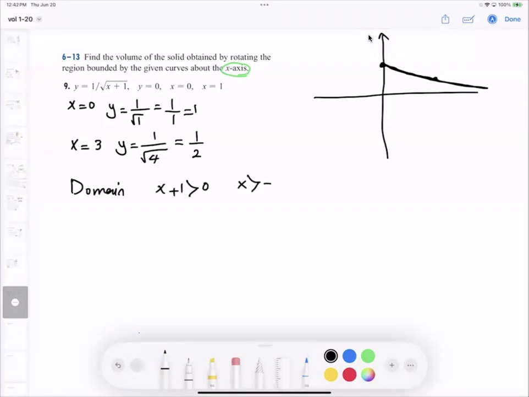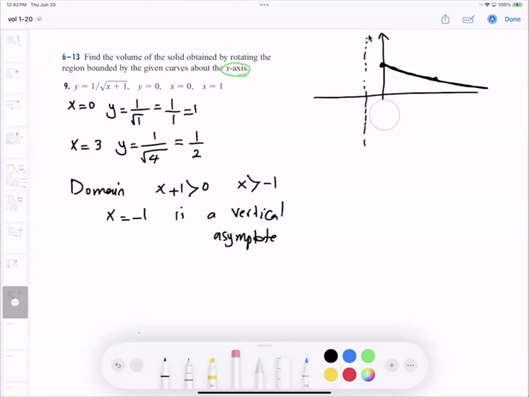It means that x must be more than -1, and x equals -1 is a vertical asymptote. So we know that it doesn't go further to the left-hand side, right? Perfect.